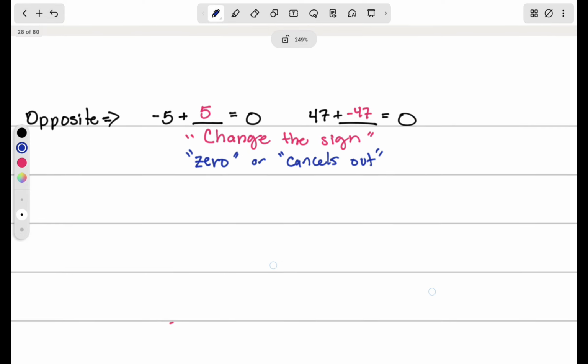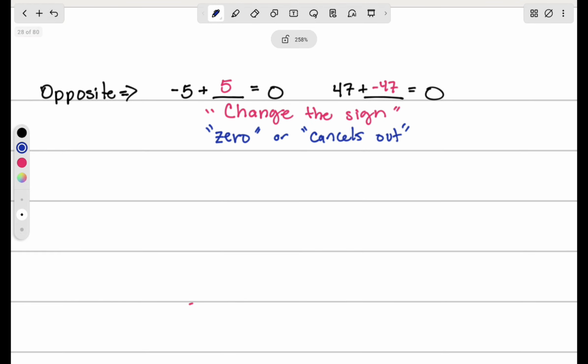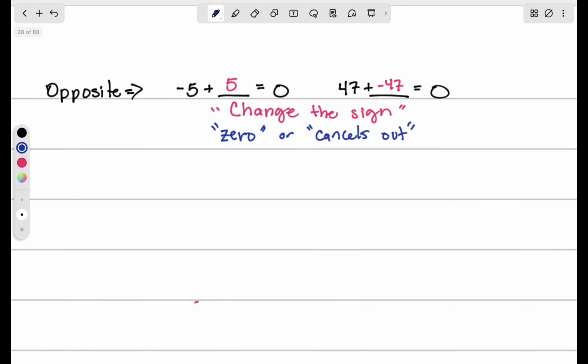Now, let's talk about some other. So we got opposite down, change the sign. Let's go over another vocabulary we need. If you have a variable like K, all right, you can have a variable term like 2K.